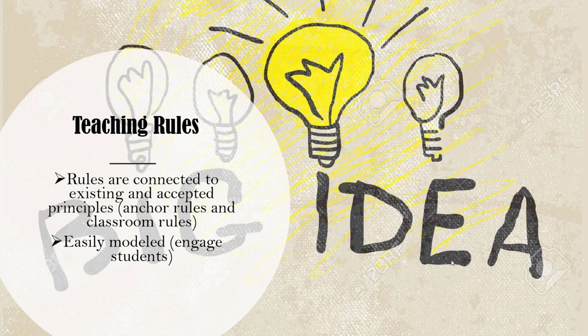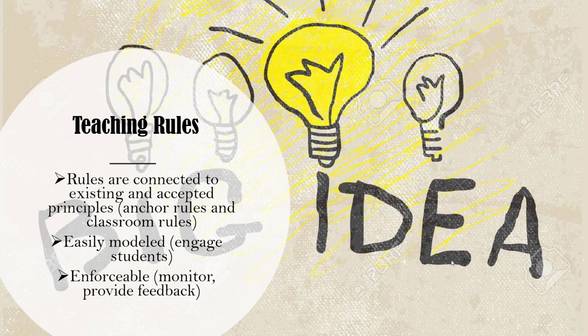And you want to make sure that you engage students. And this goes back to what we talked about in previous modules with effective teaching and giving students opportunities to respond. Engage the students, however that is, asking them questions, having them practice it with you, things like that. And then make sure that you measure it. We talked about measuring behavior so that you can monitor their rules and you can provide feedback if you need to.